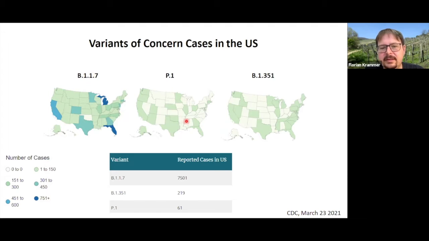P1, we see that there are very low case numbers in the US. It has been found 61 times, but it's not really looking like it's taking over. And B1351 has also been found 219 times, but again, it doesn't seem to be a big problem in the US right now. This might change over time, but right now it looks pretty good in terms of variants.